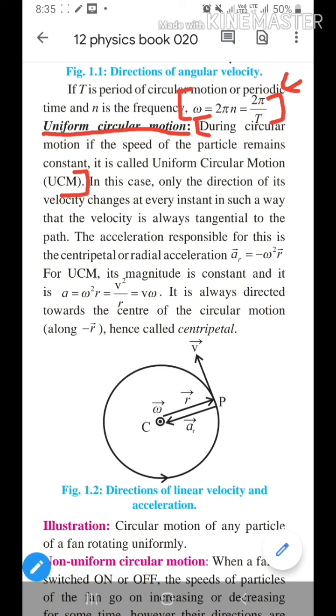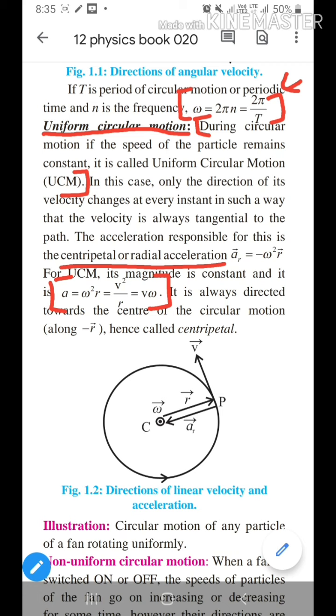Also, as in UCM only the direction of the velocity changes, the acceleration is only a centripetal or radial acceleration. And from the numerical point of view, the formula shown in this bracket is very important. It is shown in different forms.